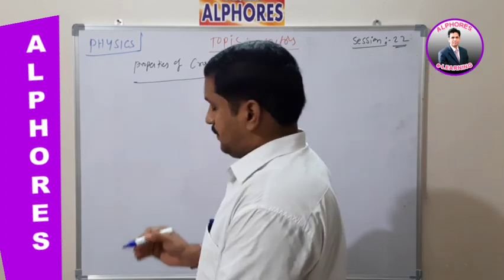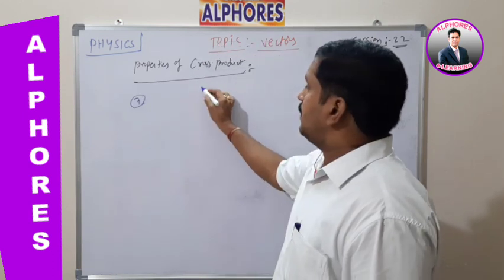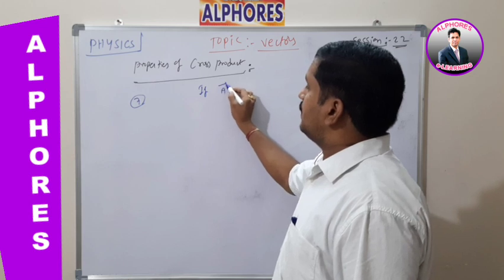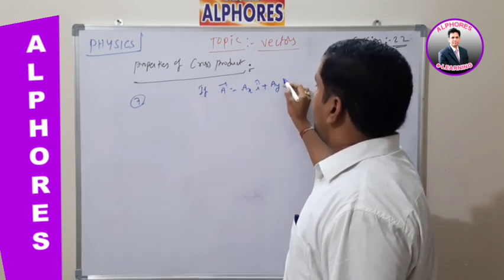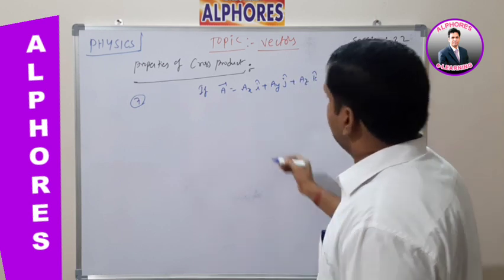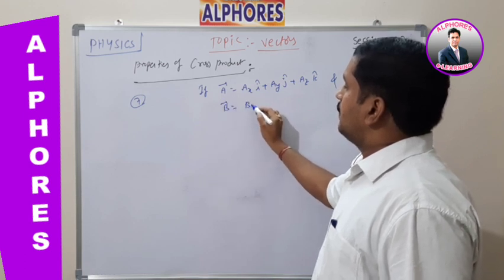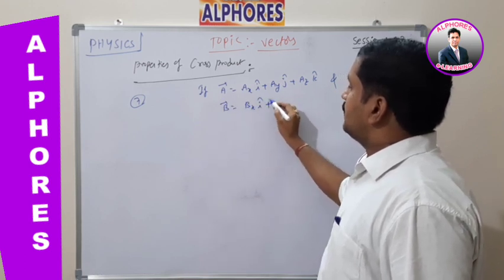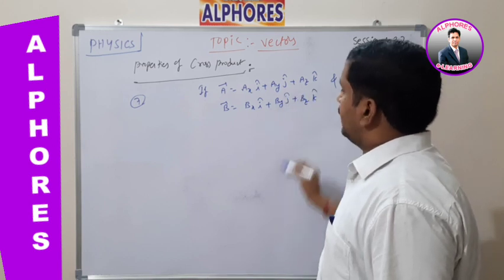And the seventh point is, for example, let us say I am taking two vectors. Let us say a bar is equal to ax i cap plus ay j cap plus az k cap. And let us say b bar is equal to bx i cap plus by j cap plus bz k cap.